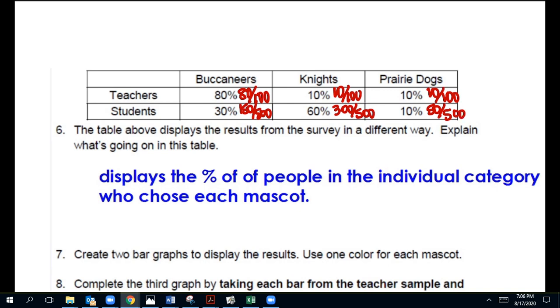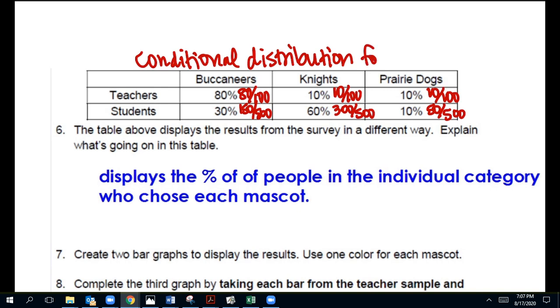And so this is called a conditional distribution, the whole thing. You can make a brand new table out of it, and it's got the row totals as the denominators, and I'm going to say conditional distribution for type of person. And so that is what that is.